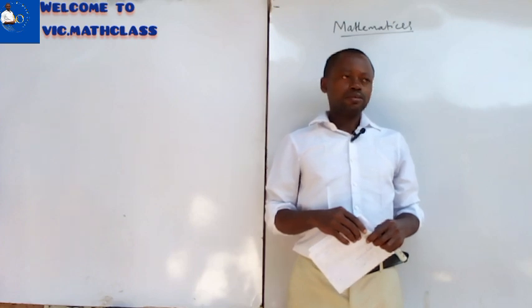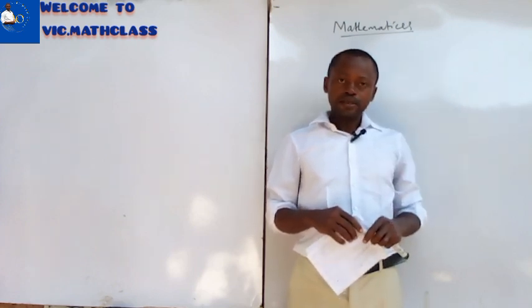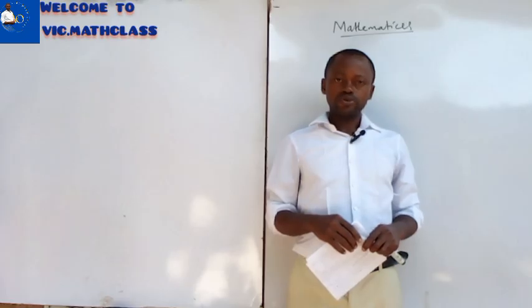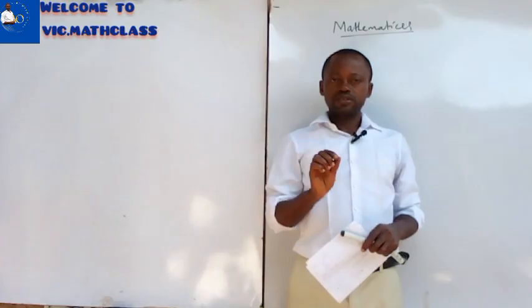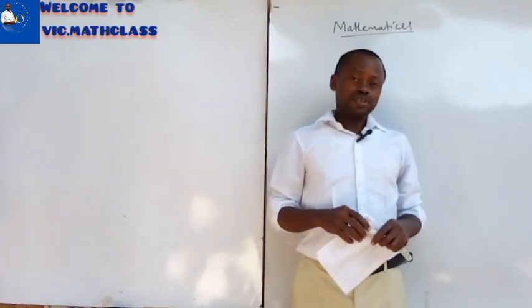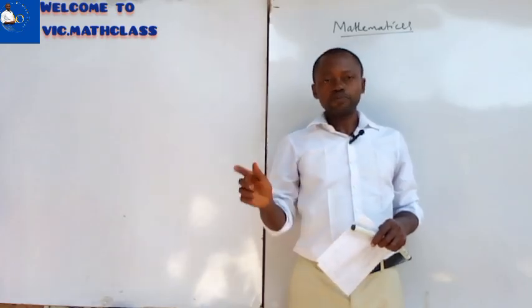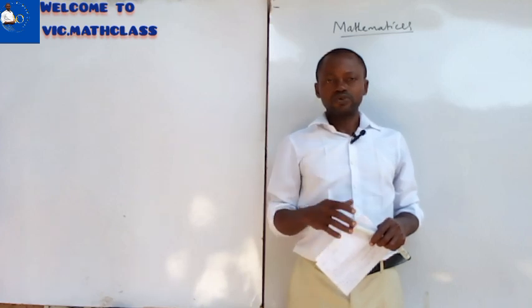I realized that it is necessary to help us understand perfect squares, so that when I discuss the completing the square method, one can follow when we reach the spot where we talk about perfect squares. So without taking our time, what we are going to look at right now is understanding perfect squares.